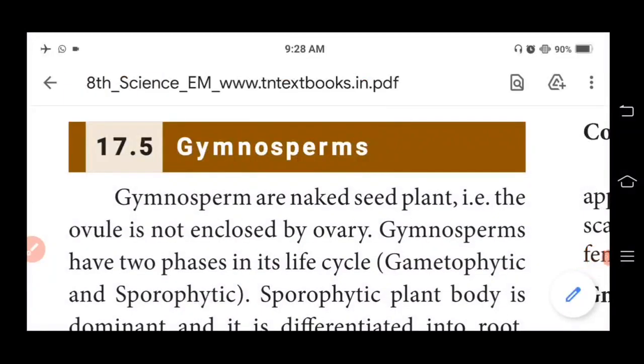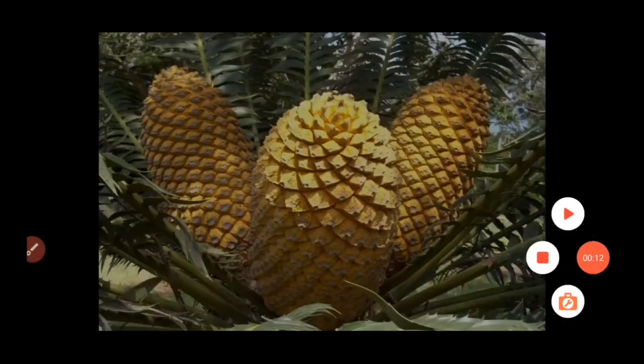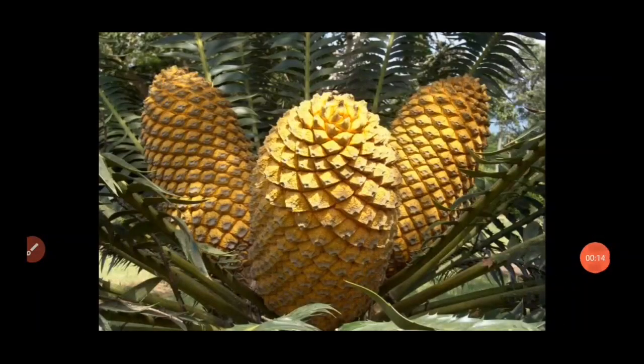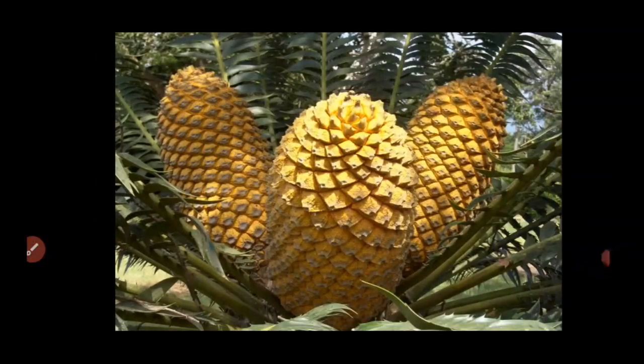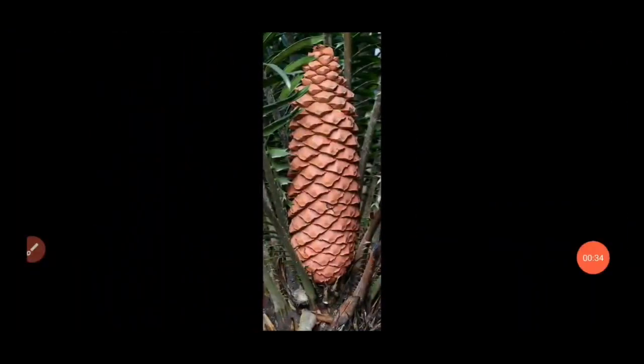Dear students, our next topic is gymnosperms. Gymnosperms are naked seed plants. The ovule is not enclosed by an ovary. Gymnosperms have two phases in their life cycle, gametophytic and sporophytic. The sporophytic plant body is dominant and is differentiated into root, stem and leaf.